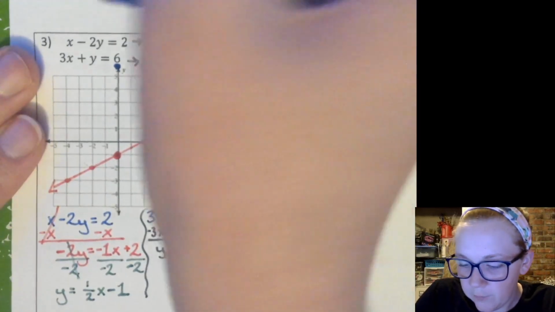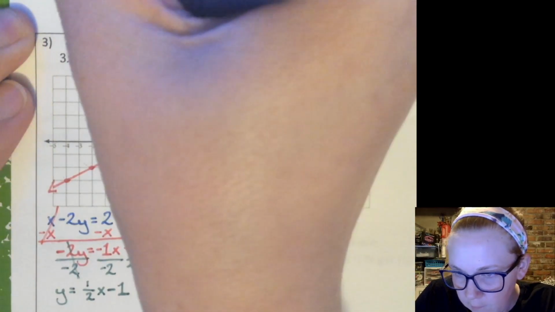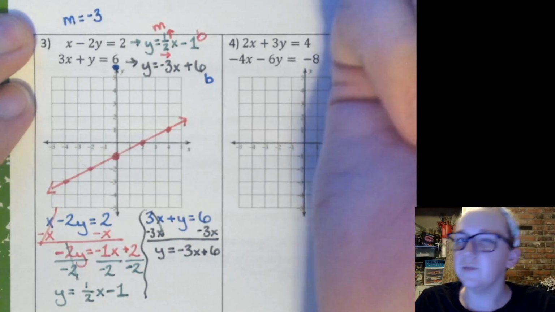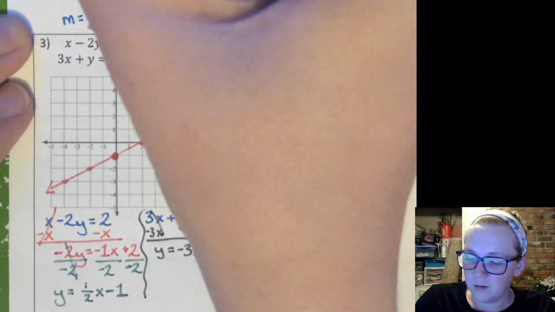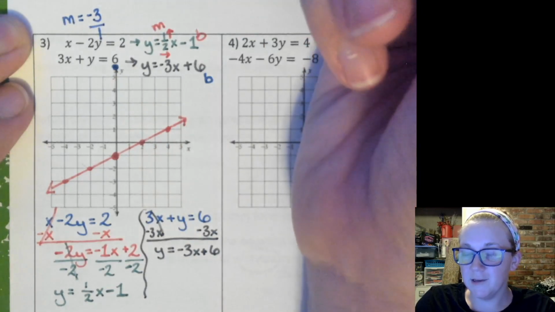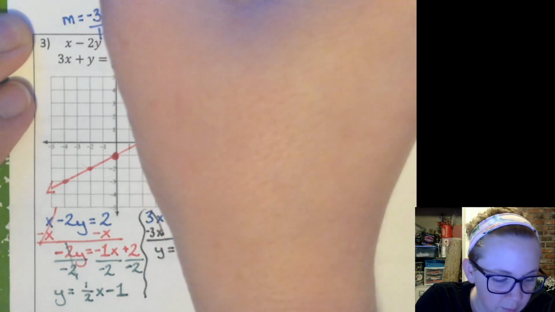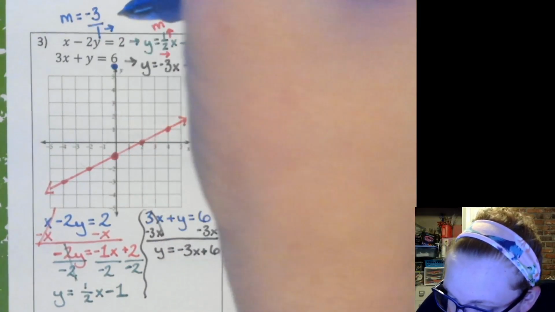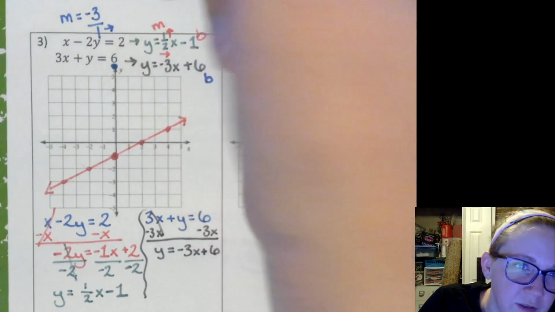So remember, if we have m equals -3, I want that as a fraction, which means we put a 1 under it. Remember, the bottom is how far we go to the right, and the top number is how far we go up or down.